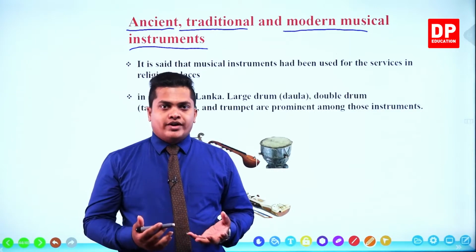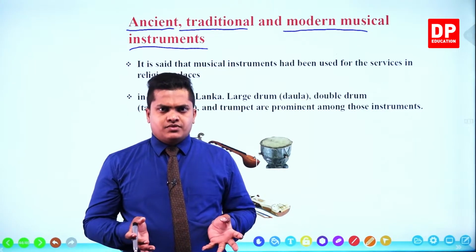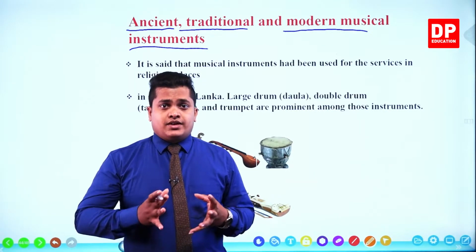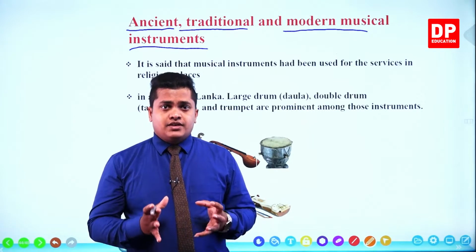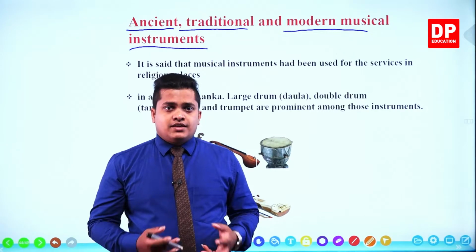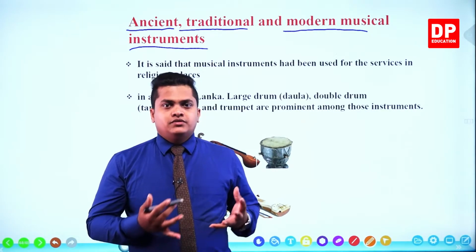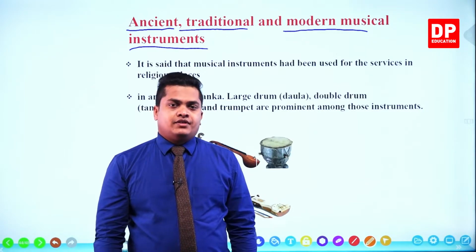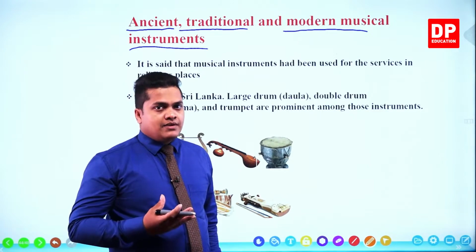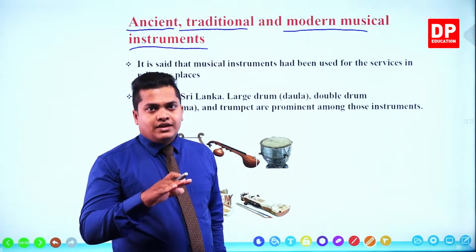If you take the organ, then Octapad, different types of drums, drum sets, guitars. Guitars come in different kinds, like bass guitar, box guitars, lead guitars. Like that there are several types of guitars in modern day-to-day life.